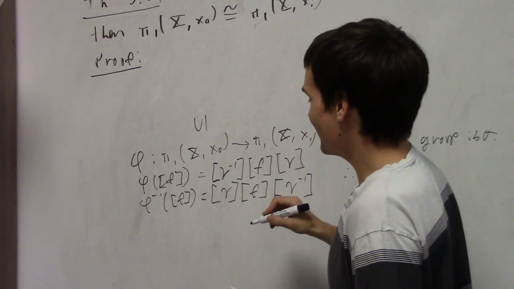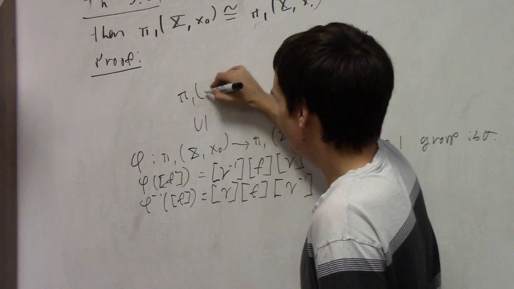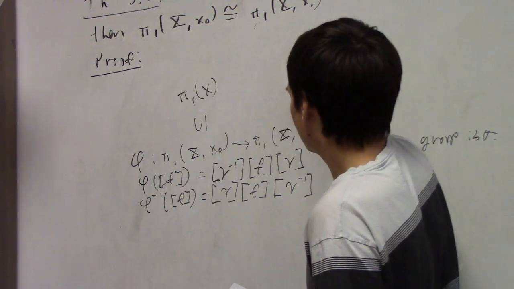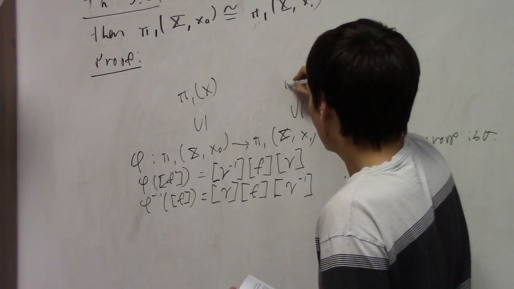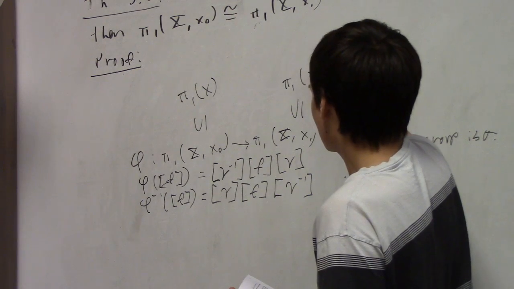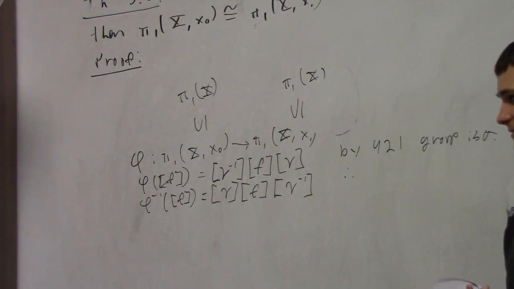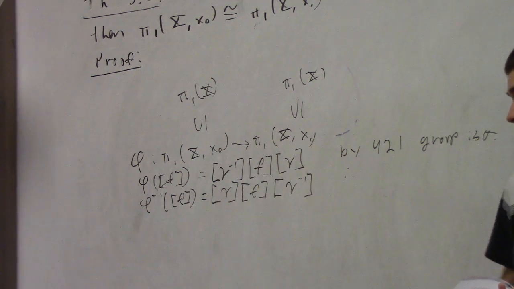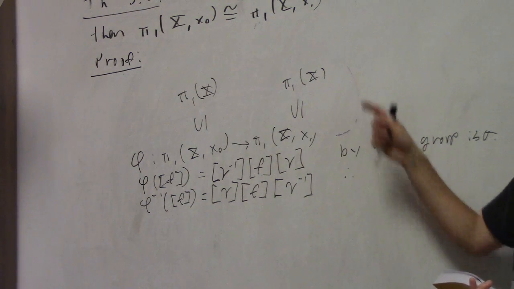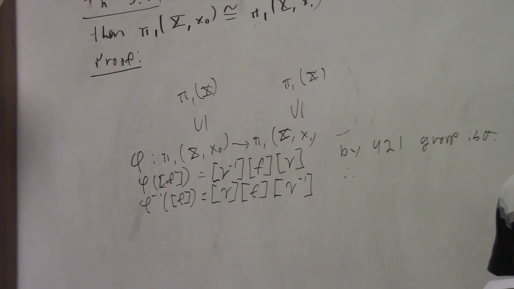Both of these are contained in the groupoid. So yes, these are groupoid calculations, but they're also fundamental group calculations because they're both contained in the groupoid.